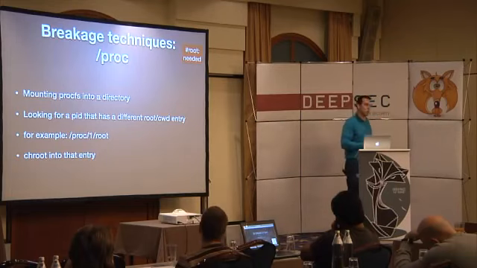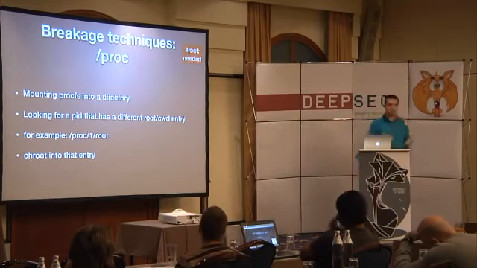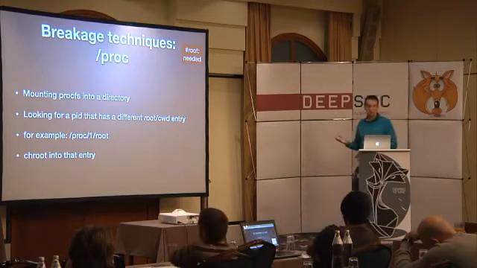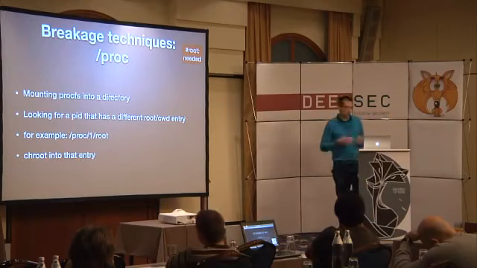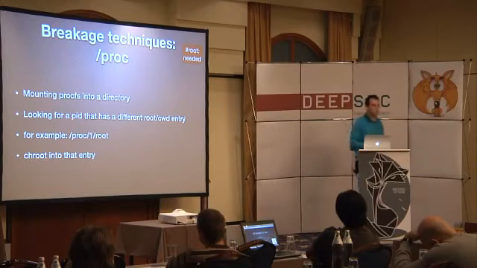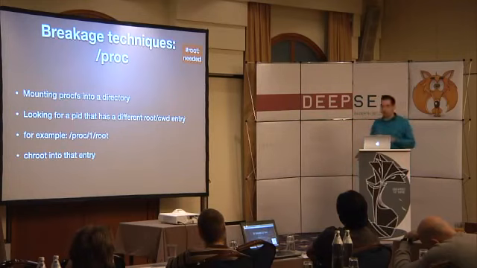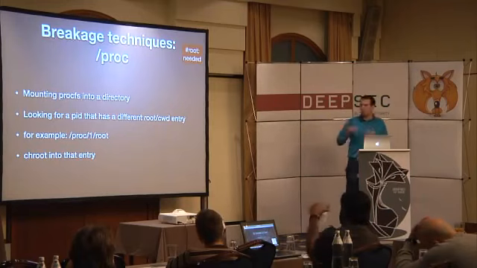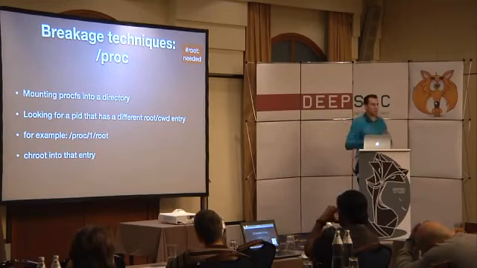Those numbers are the process IDs on the system, and in those directories you can find lots of useful information about the processes. For example, it has a root directory which is pointing to the root directory of that process.